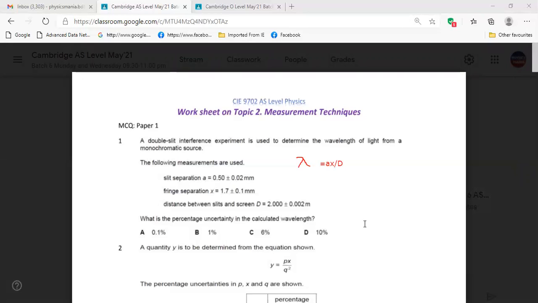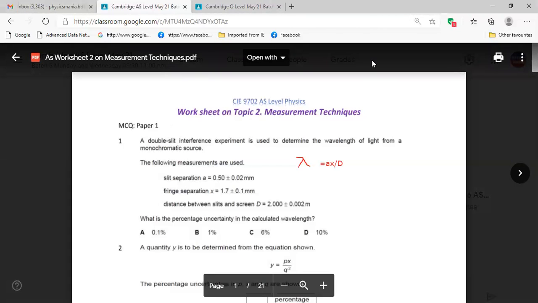Then if you make it a percent, you multiply by 100, then it's coming 9.98, right? That is close to 10%. So we are done with question 1 as well.